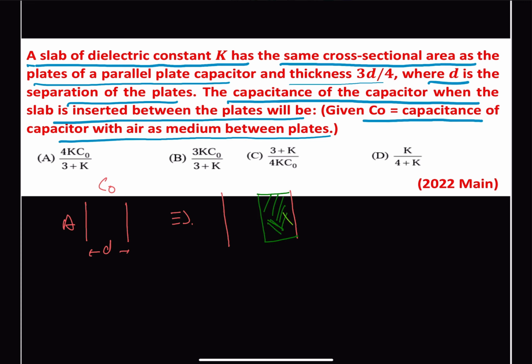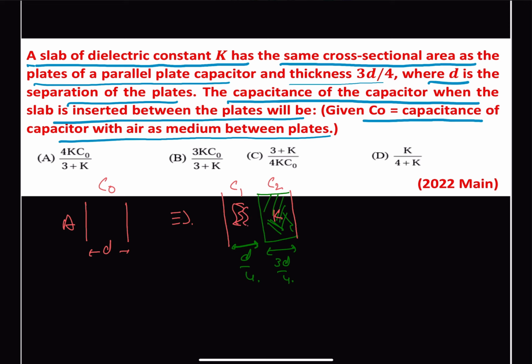So the remaining portion is equal to d by 4, and the dielectric constant is given as K. We can consider this as a C1 capacitor and this as a C2, because here only air is present.